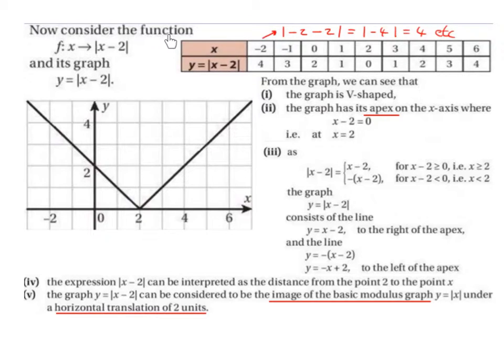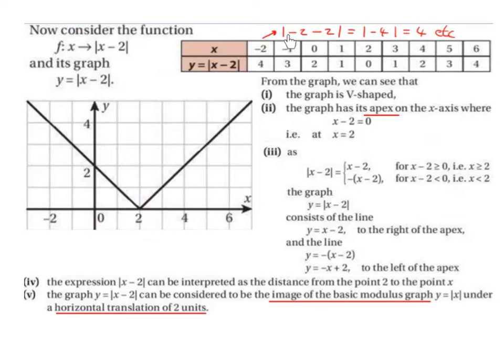Now consider the function f of x maps to the modulus of x minus 2, and its graph y equals the modulus of x minus 2. So if our x value is minus 2, then we're going to have minus 2 minus 2, which is minus 4, and the modulus of minus 4 is 4, so that's where the 4 comes from.